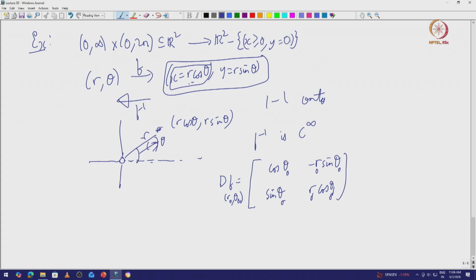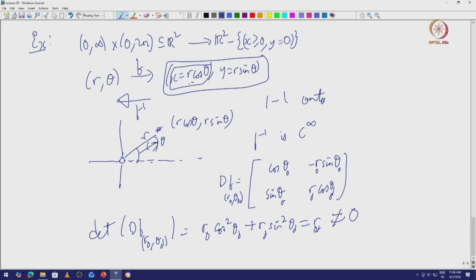Is this invertible? Well, what is the determinant? This is r naught cos square theta naught plus r naught sin square theta naught, which is just r naught, which is not 0, because r is demanded to be strictly positive.